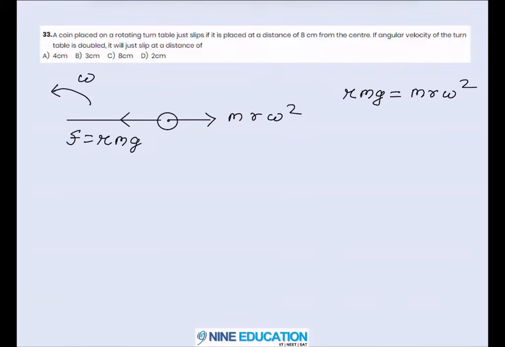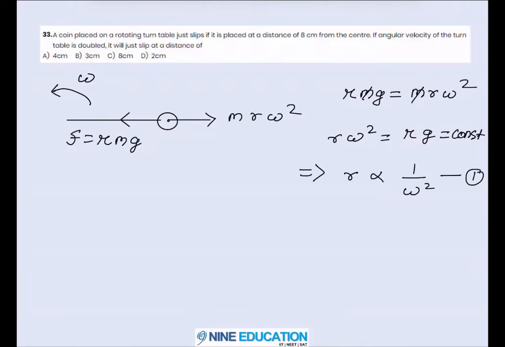Now from this, cancel out m, and I can directly write r omega square is equal to mu g. Now mu is a constant, g is a constant, so this will also become a constant. And if r omega square is constant, that means r is directly proportional to 1 by omega square. This is our main important equation that we will use to our advantage.